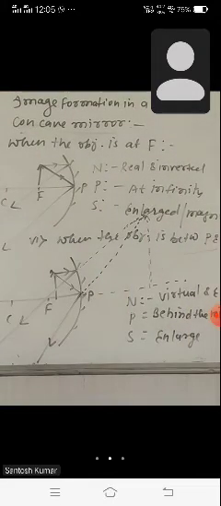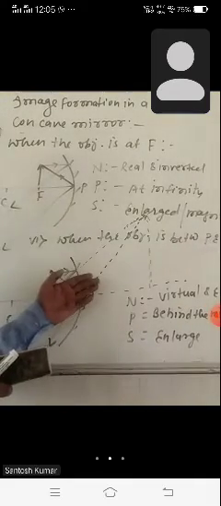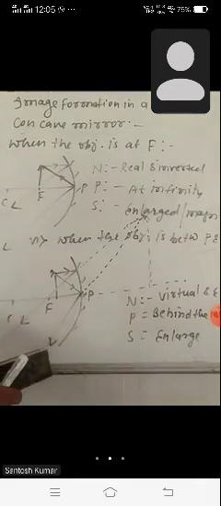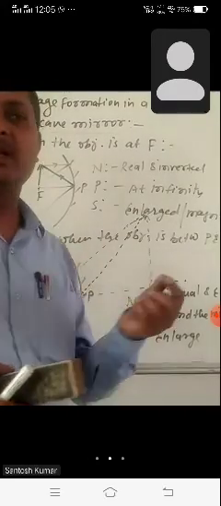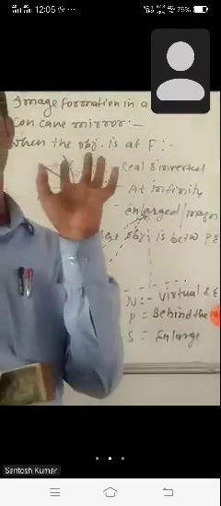So just see how we have moved towards the mirror, and the size of the image has grown larger. When you move away from the mirror, the size will decrease slowly. When you move very far away, or to infinity, the size of the image will be point size.